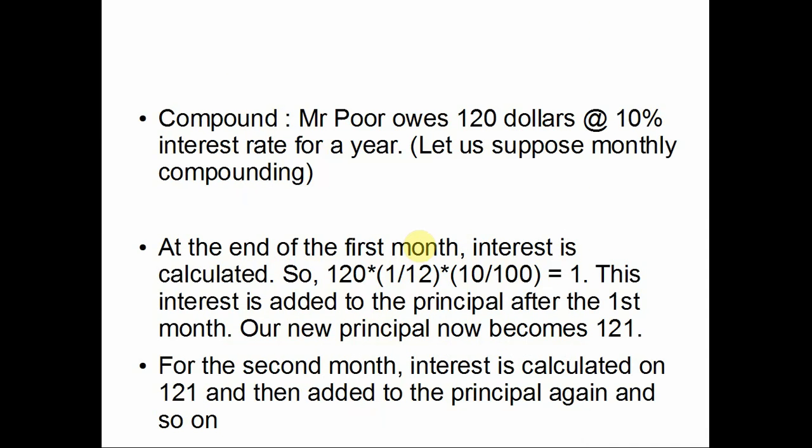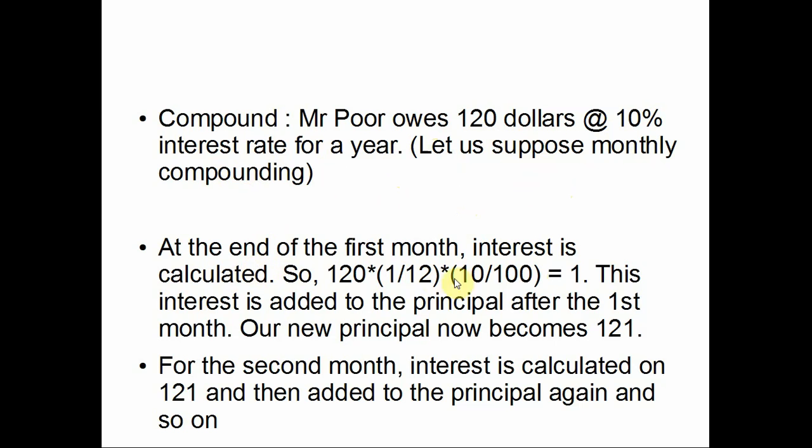Okay, let's try to understand why compounding increases the interest amount. Let's take a different example. Let's suppose Mr. Poor owes $120 at 10% interest rate for 1 year. Let us suppose we have monthly compounding. What monthly compounding means is that every month the interest is calculated and added to the principal.